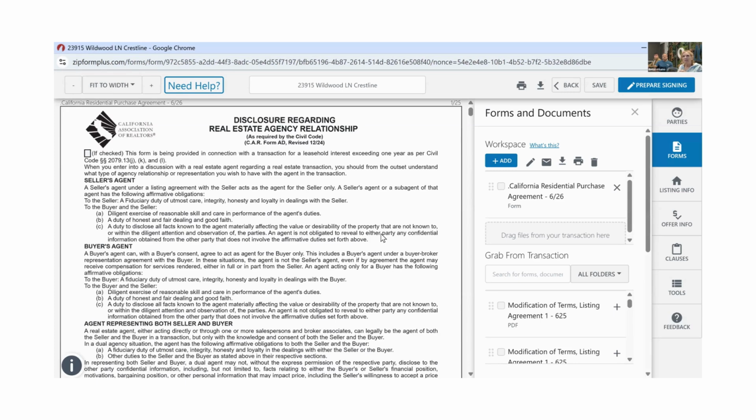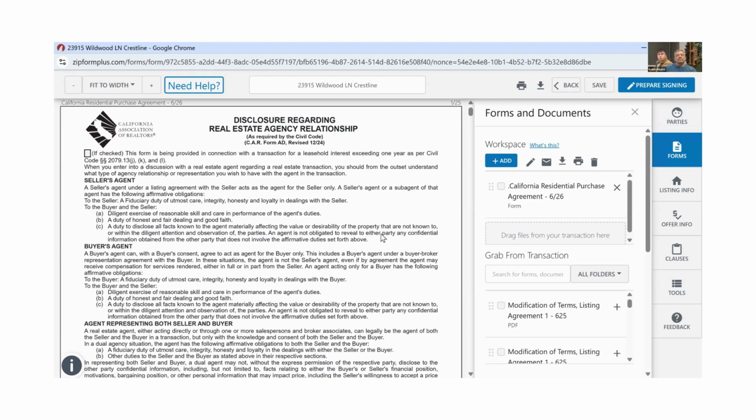And it's actually a group of forms. It isn't just the RPA, it's a package. The reason they're packaged that way is because the main contract, the RPA, references these other forms.